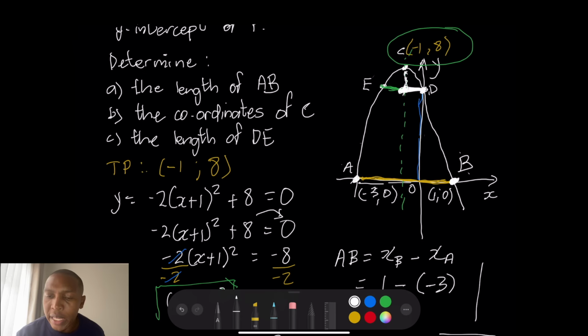And where is our axis of symmetry? This is where x is equal to -1. So we know this is the line x is -1 right here. So now what is the distance between this point here and that point there? Let me just draw it in red. The distance between them is essentially 1 unit.